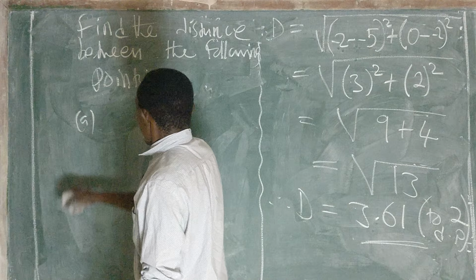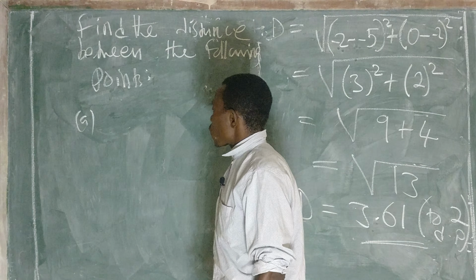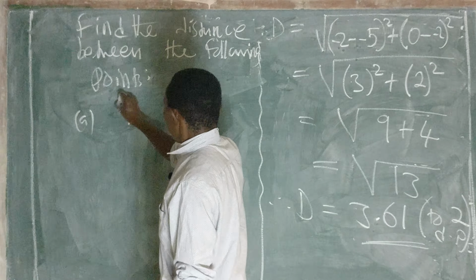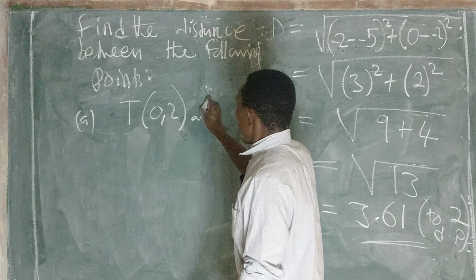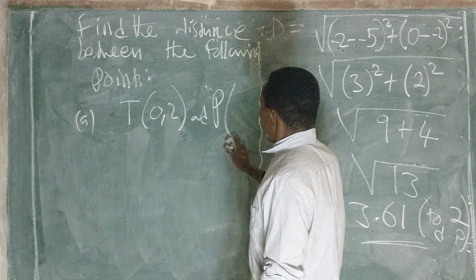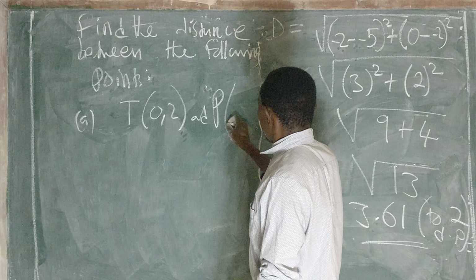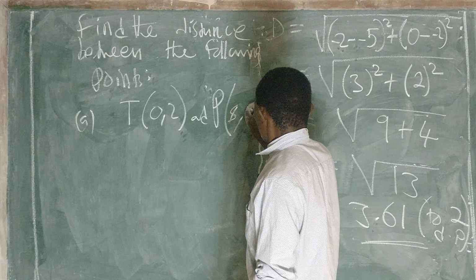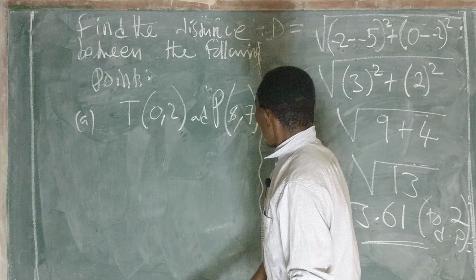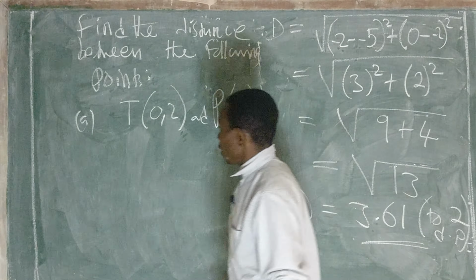Right. A, you have point T defined by (0, 2), and P defined by (8, 7). Yeah, x is 8, y is 7.